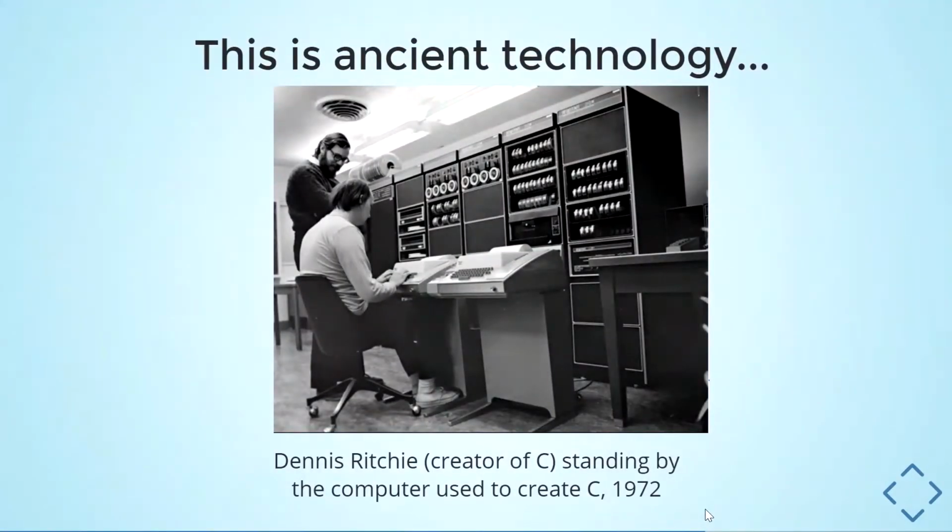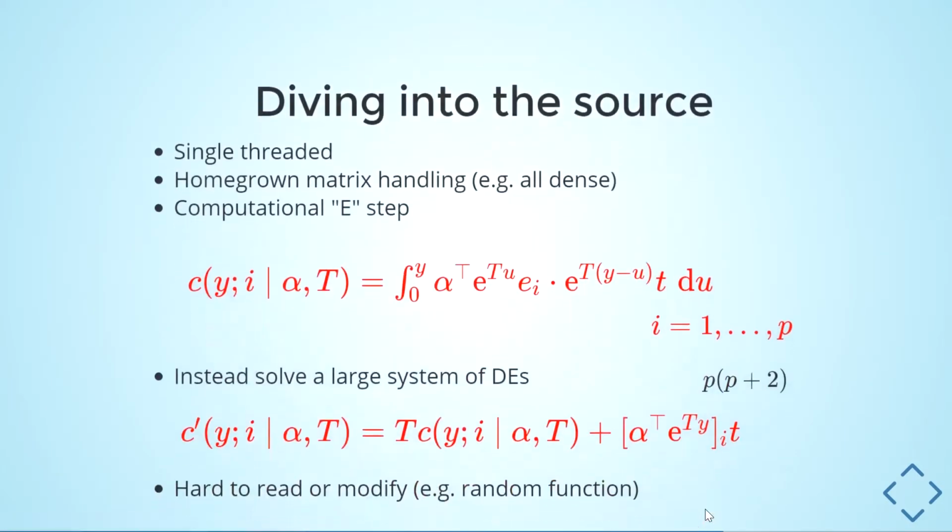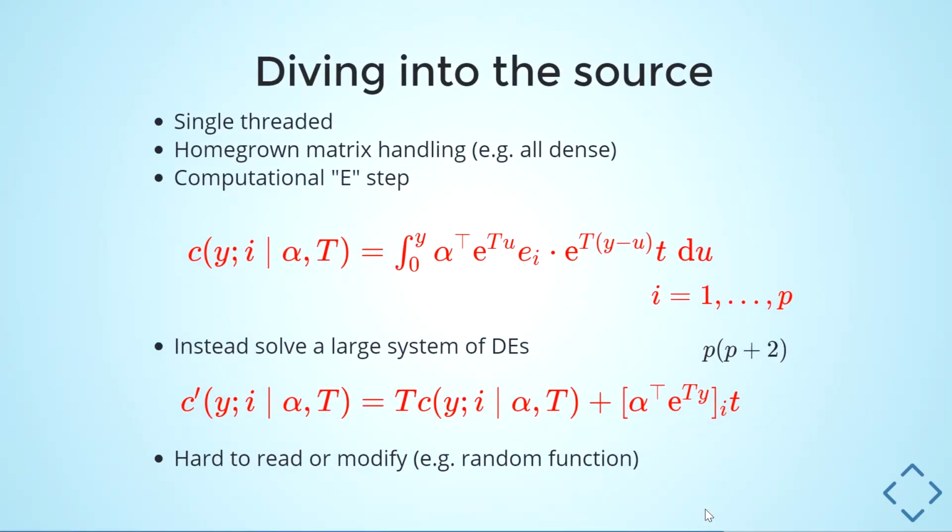Yeah, so in the course of writing these slides, I found this photo of the guy who invented C. He's standing up there, the one with the beard, in front of the computer that he used when he first wrote the programming language. So this is the ancient technology that we were dealing with.